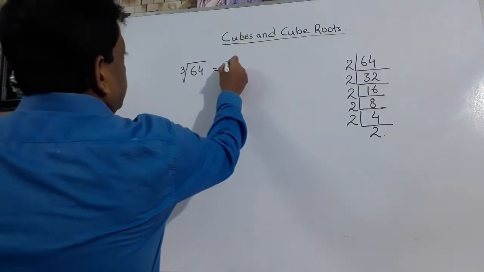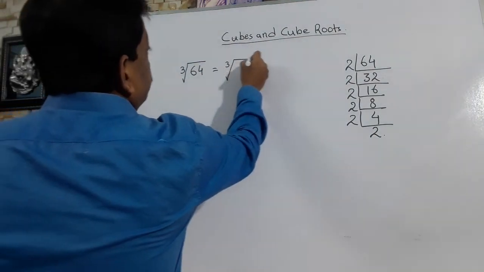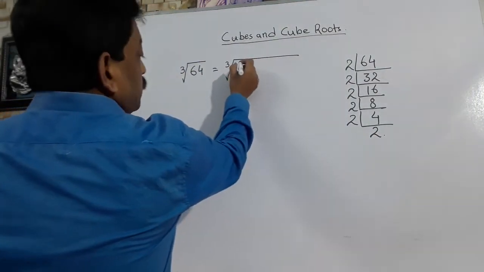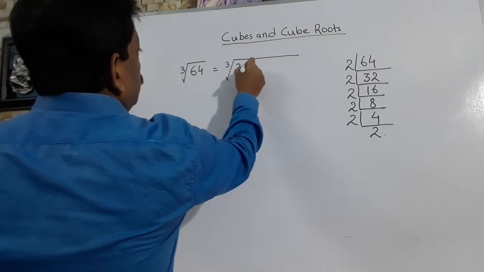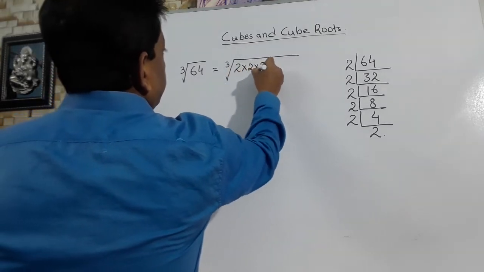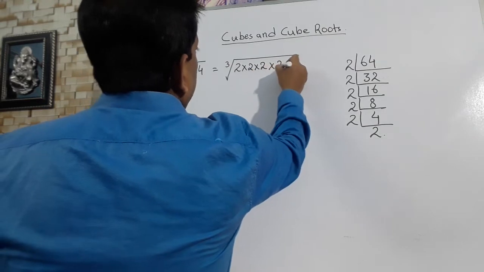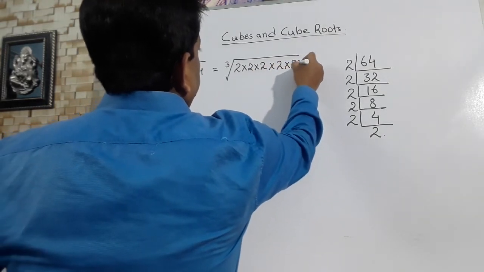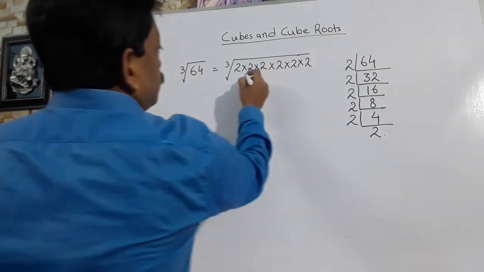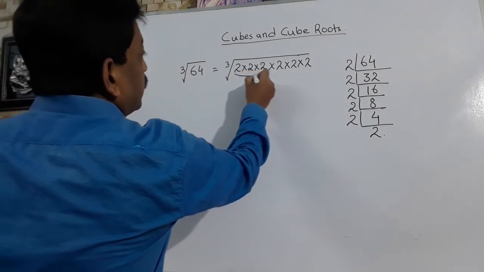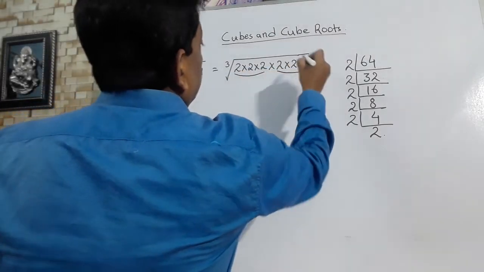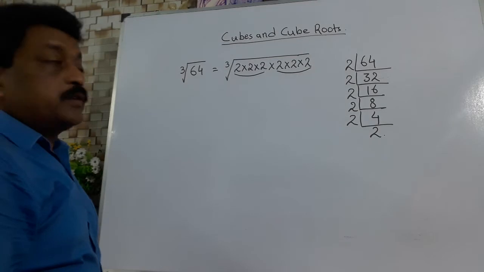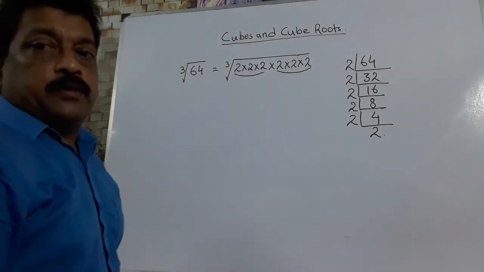So we can write this in this form: 2 multiplied by 2 multiplied by 2, 2 multiplied by 2 multiplied by 2. So here we can see that complete triplets are formed. Two sets of triplets are formed.